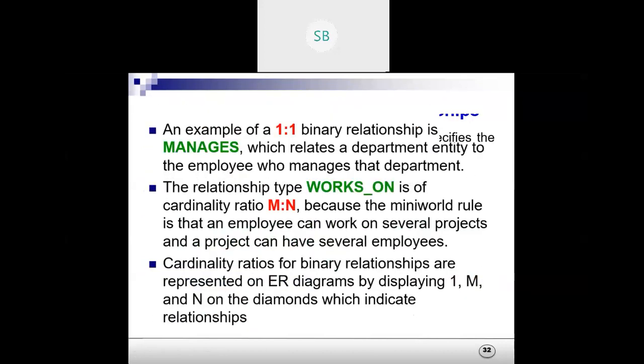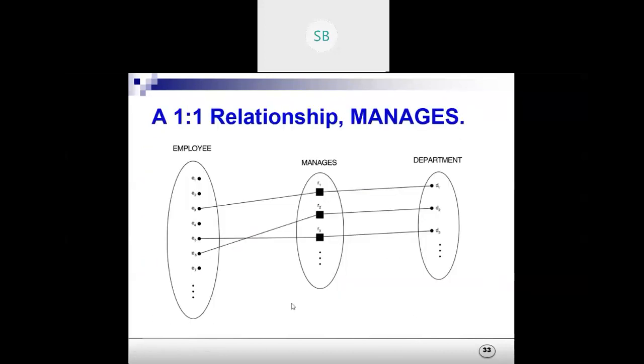Next, we can represent these relationships using diagrams. You see the manages relationship, we have this kind of diagram. I think you have studied in class 12 the relations and functions, right? Do you remember these diagrams? Yes, ma'am.